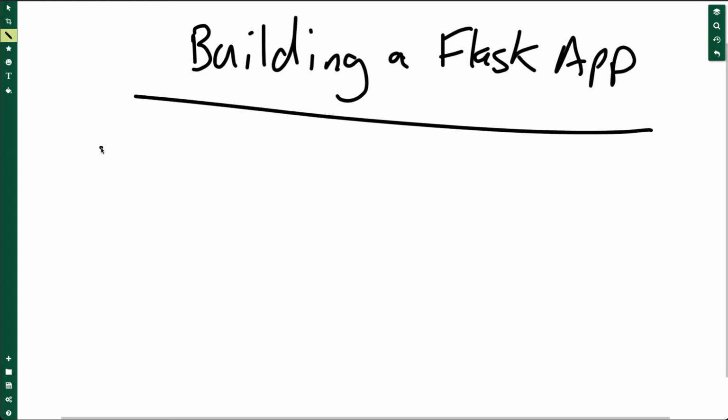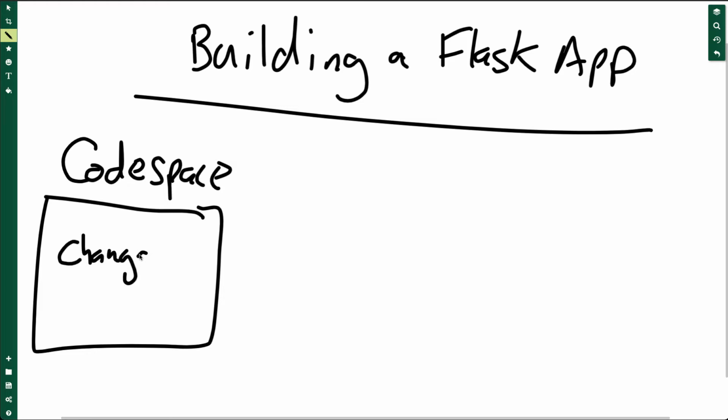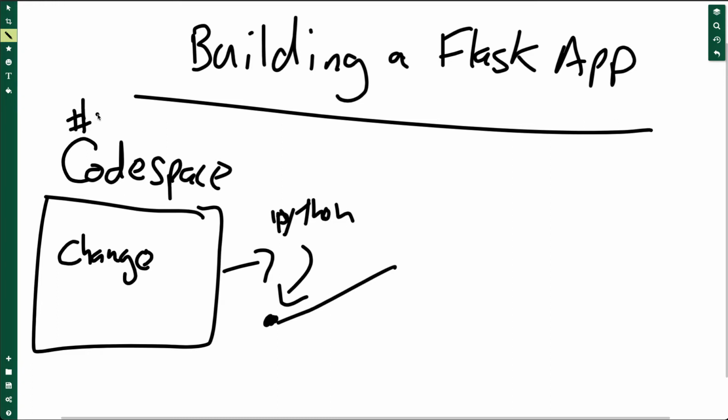So step one is we had a code space environment, right, which is an environment that allows us to test our code inside of GitHub itself. And we tested out at first the change application, which was the change logic, which is our core algorithm. And inside of there, we opened up IPython, and IPython allowed us to play around with it.